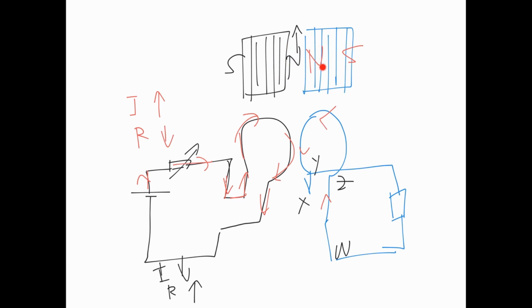So this side must be north or south? This will switch to south and this will switch to north. Then use your right hand grip rule for this solenoid: your thumb points to the right. So the current will now flow from X to Y to Z to W. That's how we use Lenz's law.